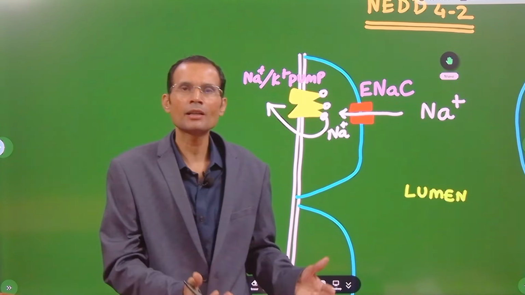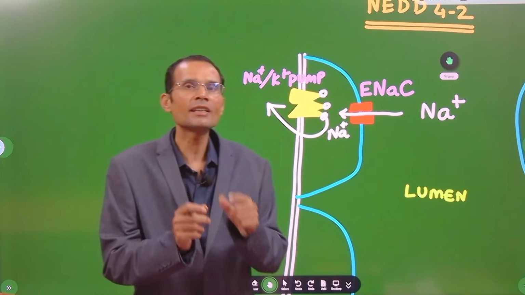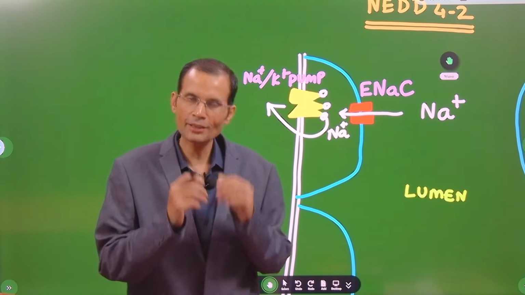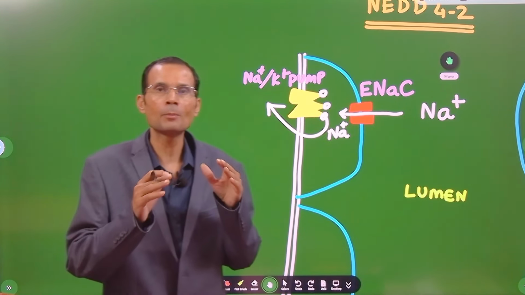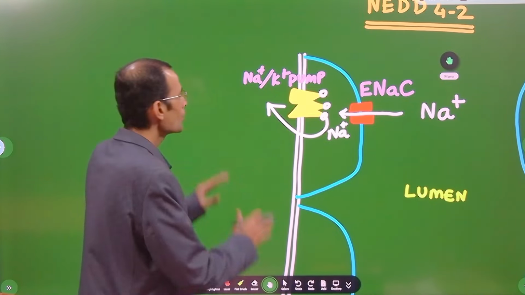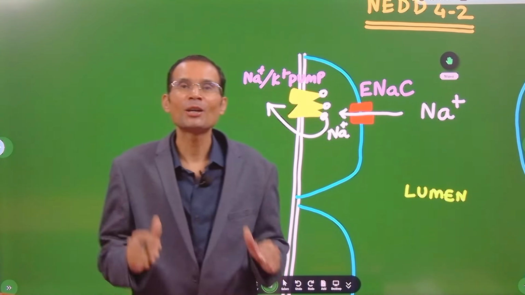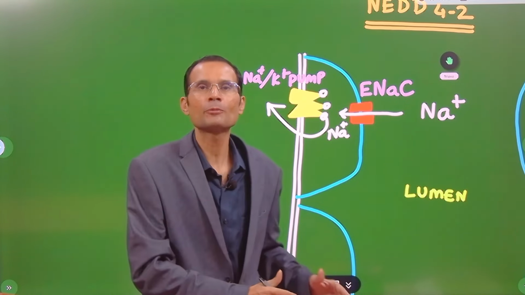But it has a nuclear receptor, and that means it can increase the protein synthesis. So it increases the number of sodium potassium pumps also on the basolateral side. And that is how aldosterone increases the sodium reabsorption.